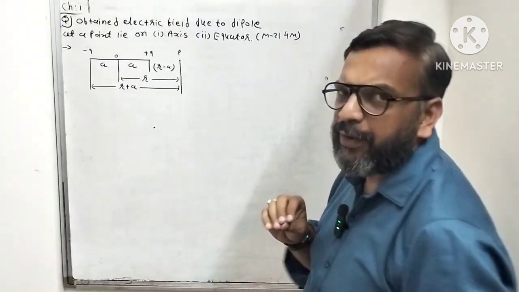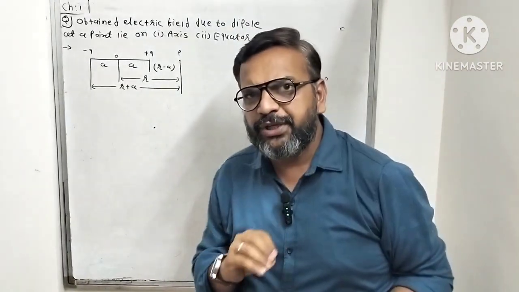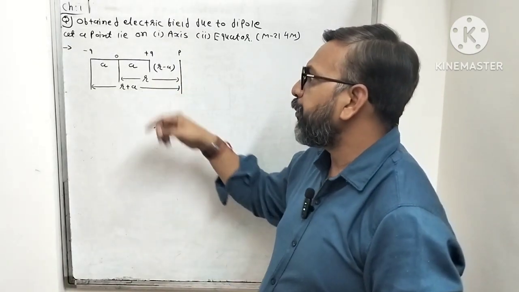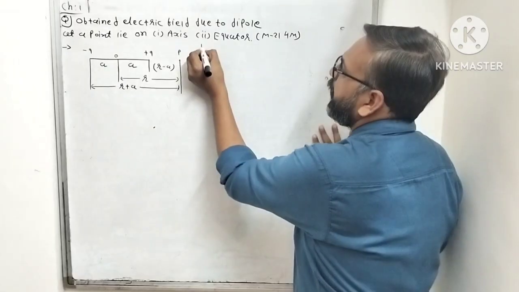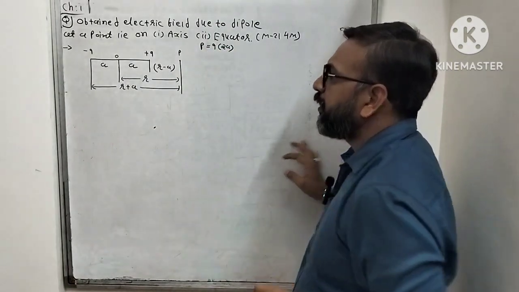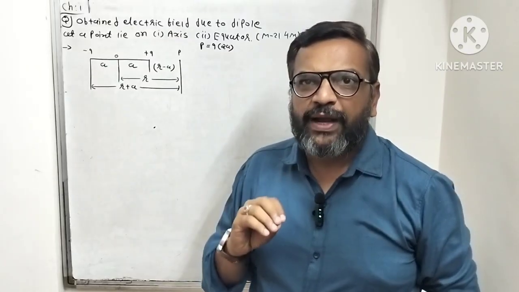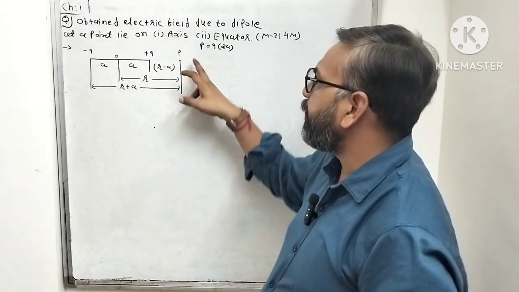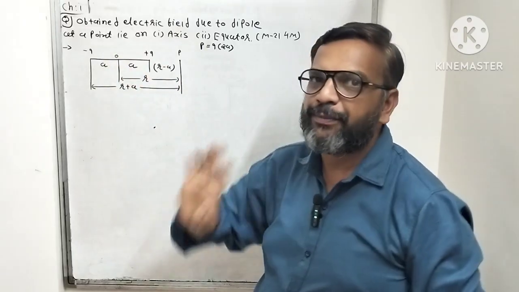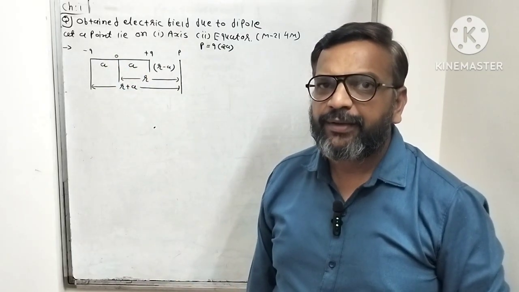First of all, we have to write 2-3 lines of description as shown in the figure. Consider the electric dipole moment of magnitude P equal to Q into 2A. We want to find the electric field at a point P which is situated at a distance R from the midpoint of the dipole.